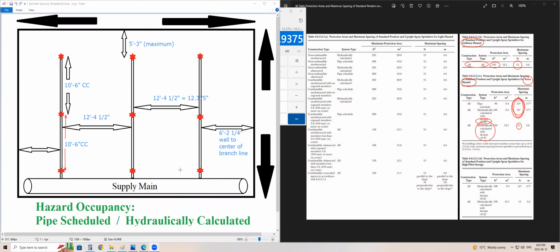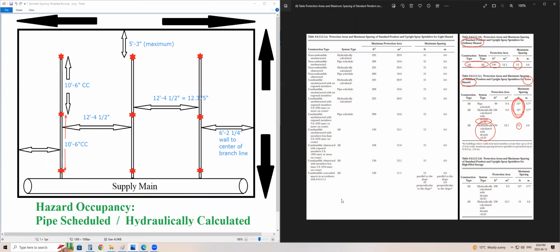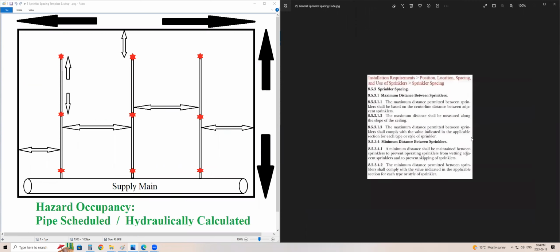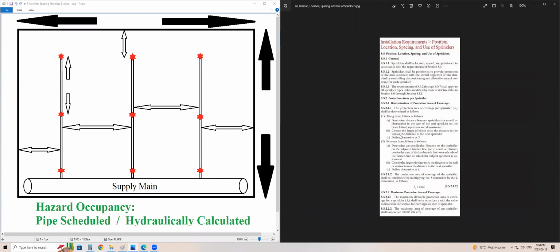So I gave you all these code references throughout this video, but throughout the code books, it'll probably be pretty close, but it won't be the exact same thing. Like code 8.5 might not actually be position, location, spacing of use of sprinklers for a different code book. It might be now 8.6 in a different code book.